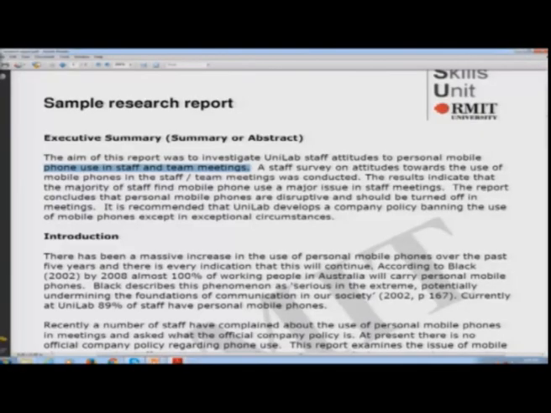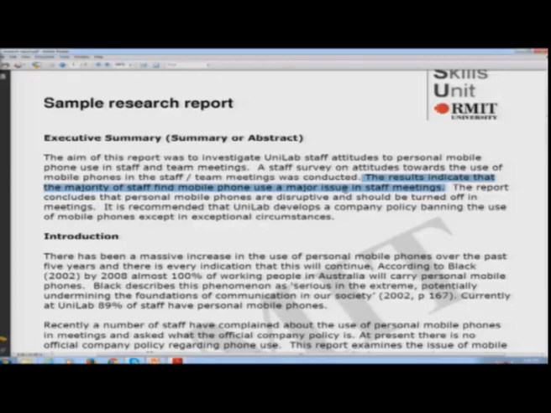So, this is the aim. Okay. So, what they did, the researchers conducted a survey. This is how they got the data, and the results are here, that they find it as a major issue.